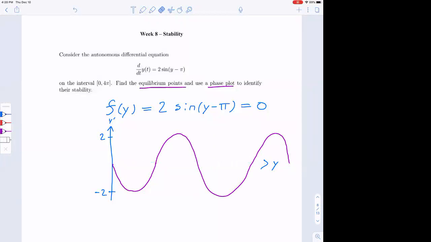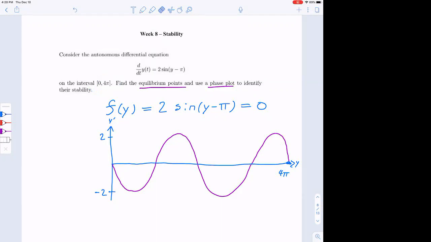I'm going to have to maybe extend my y-axis here. And this point right here will be 4 pi, because that's where the question said that we have to stop. So it goes up and down until we hit 4 pi.